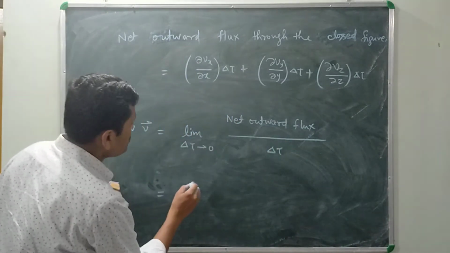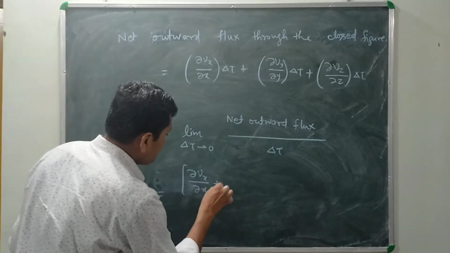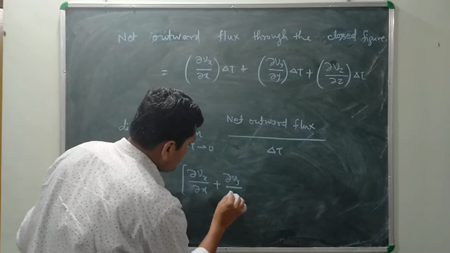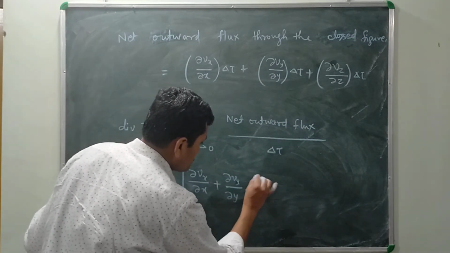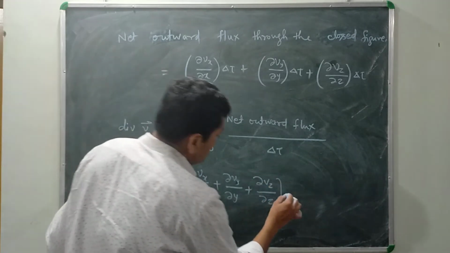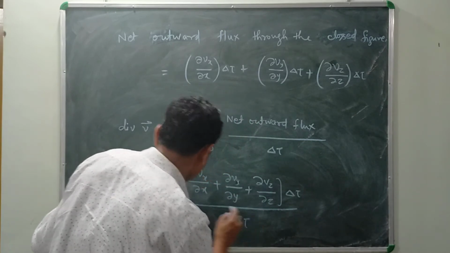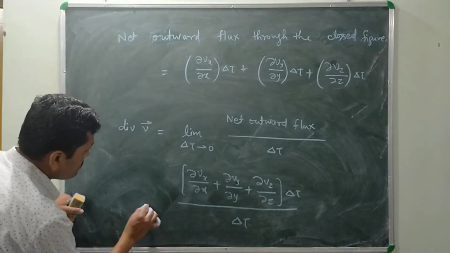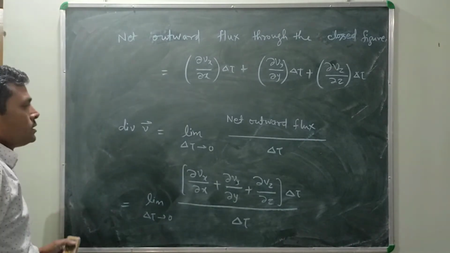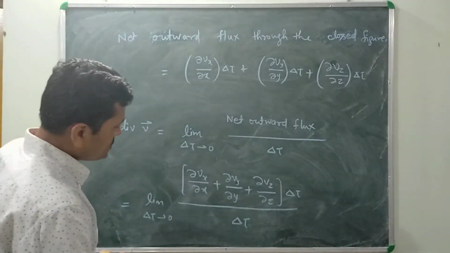So here it will be ∂Vx/∂x plus ∂Vy/∂y plus ∂Vz/∂z into delta tau divided by delta tau, when delta tau approaches 0.